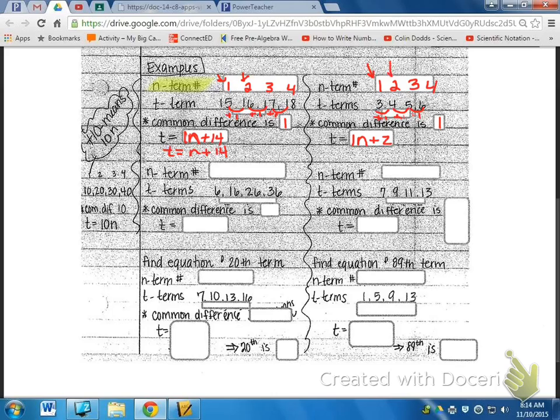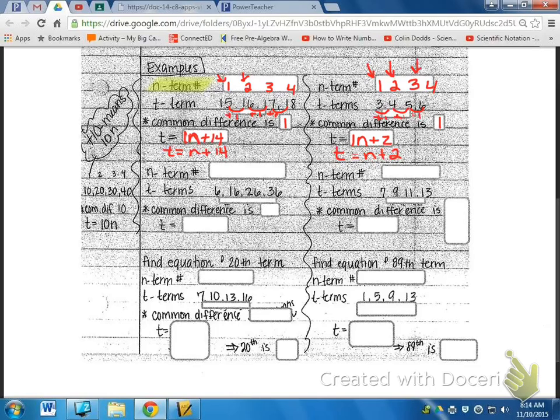Then you test the second term. 1 times 2 is 2, plus 2, that gets us to 4. Then test the third term. 1 times 3 is 3, plus 2 is 5. So our equation for this list is t equals n plus 2. If you wrote 1n plus 2, we'd count it.